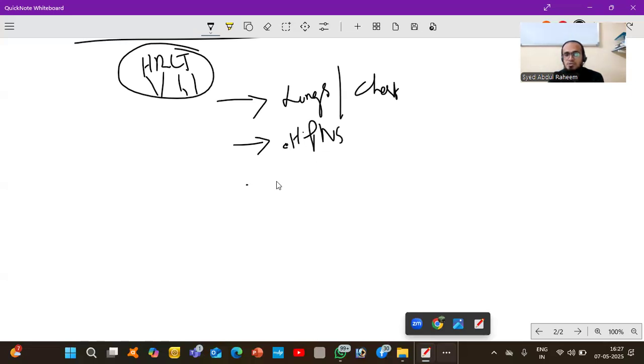And the third is any issues of the temporal bone. You can go through HRCT; HRCT is the investigation of choice.